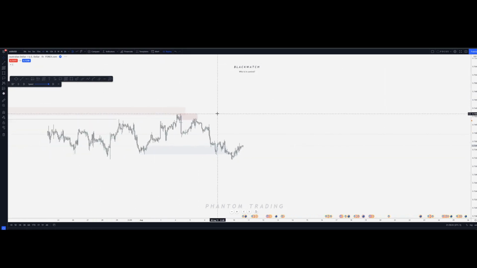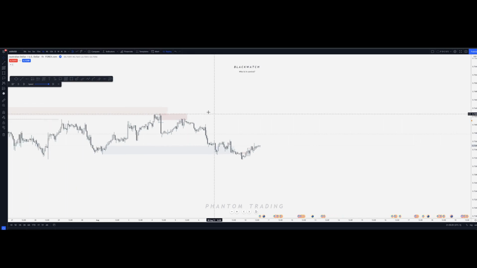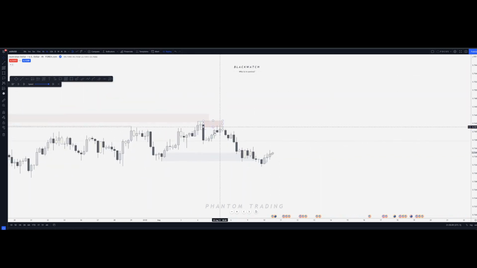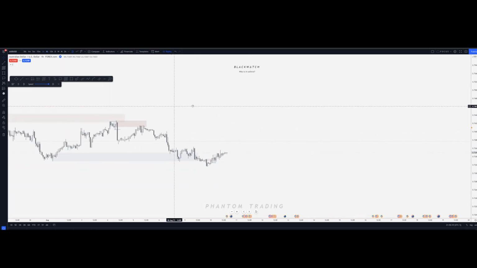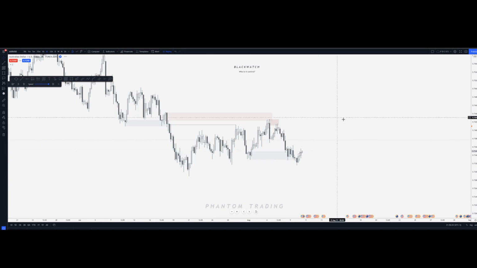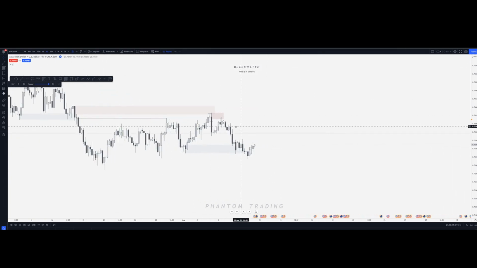So again, all I'm trying to do is justify this reaction, right? I want to know why price all of a sudden came up and then just stopped here and started to come to the downside. So I'm just scaling through time frames to figure out how I can justify it. So it turns out the 1 hour is the best way to do that. Again, I very rarely look at the 1 hour, but in this particular case, I kind of need to do this. So we're back to the 4 hour. So now I have that reaction.